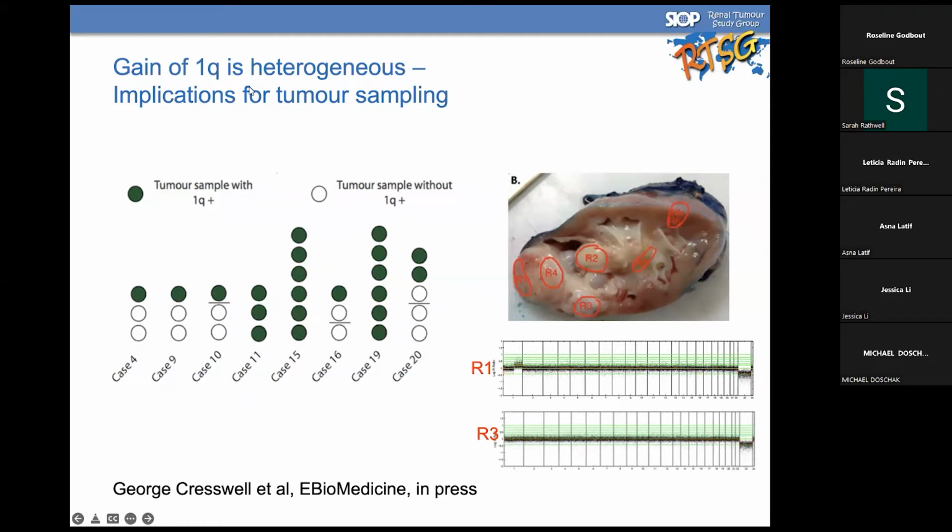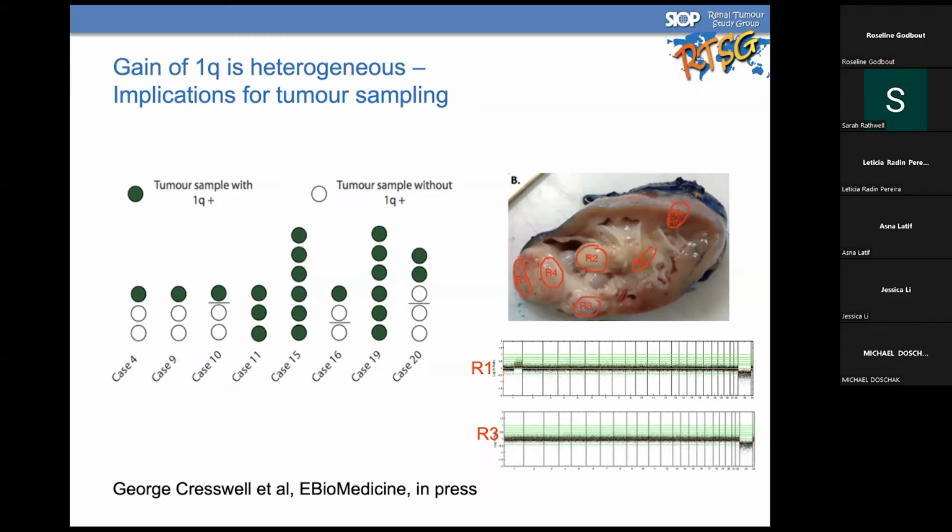And if you look just for one Q gain in these tumors, and you have here different patients where you have more than one sample analyzed, then you can look into the question, how often do you find a tumor sample with one Q gain, and how often you don't find it, despite the fact that it is the same tumor in a single child.